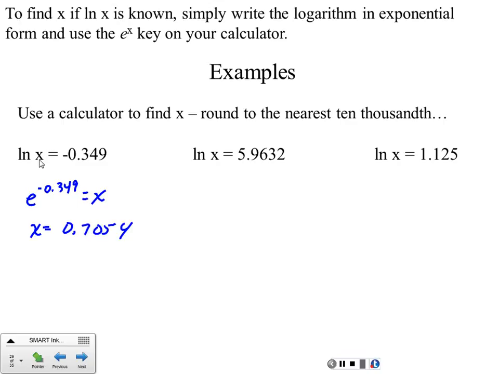Is that what y'all got? Yes, no, maybe? Katrina, is that what you got? Oh, sorry. Beth? Okay.